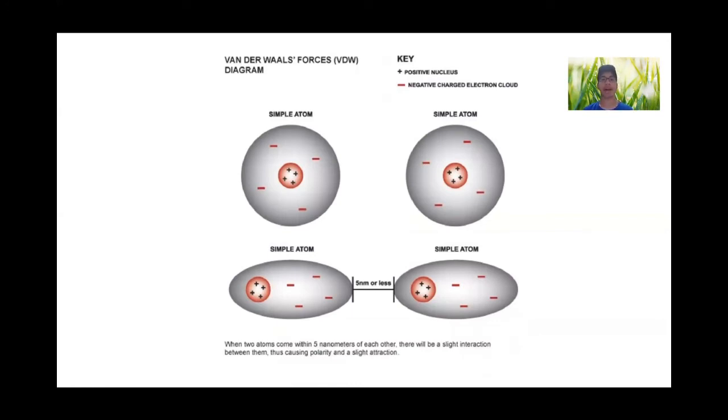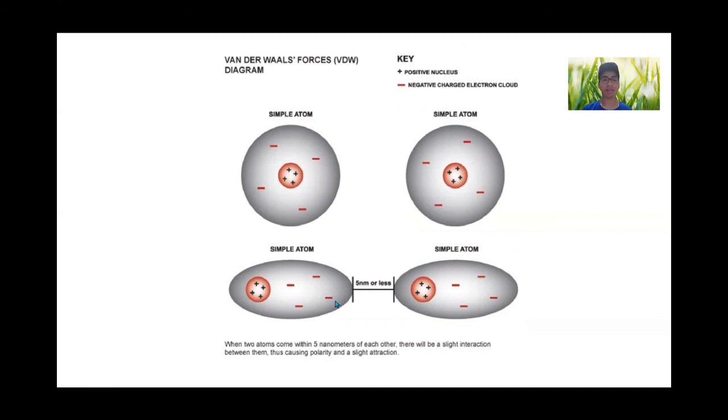And sometimes what can happen is that all the electrons in an atom, or most of the electrons in an atom, can be concentrated on one side of the atom, as shown right here. So what's going to happen is that one side of the atom will have a negative charge, while the other side of the atom will have all the protons concentrated there, and thus it will be positively charged.